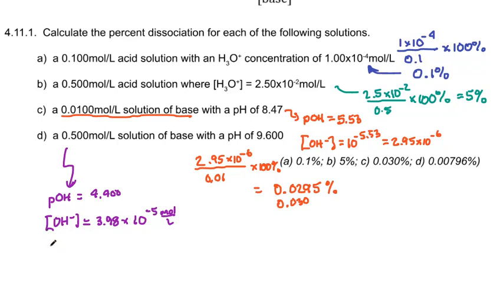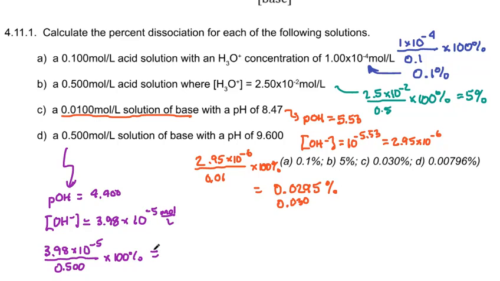And so our percent dissociation is the amount of hydroxide we got divided by the amount of hydroxide we could have got, 0.5, if only they had all dissolved for us. Multiply by 100 to get a percentage.